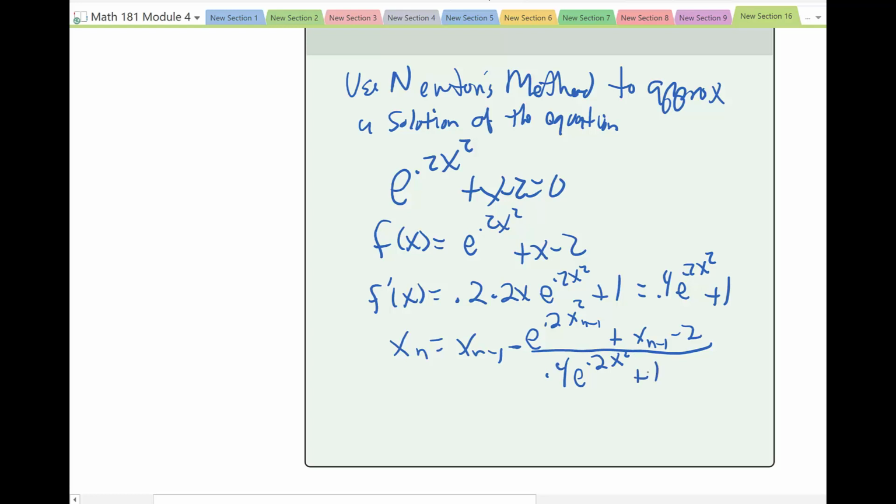Now when I did this, I put up my calculator and made it say y equals this. Then I used the table and had it on Ask, not Auto. This one said to start with x sub 0 equals 2.